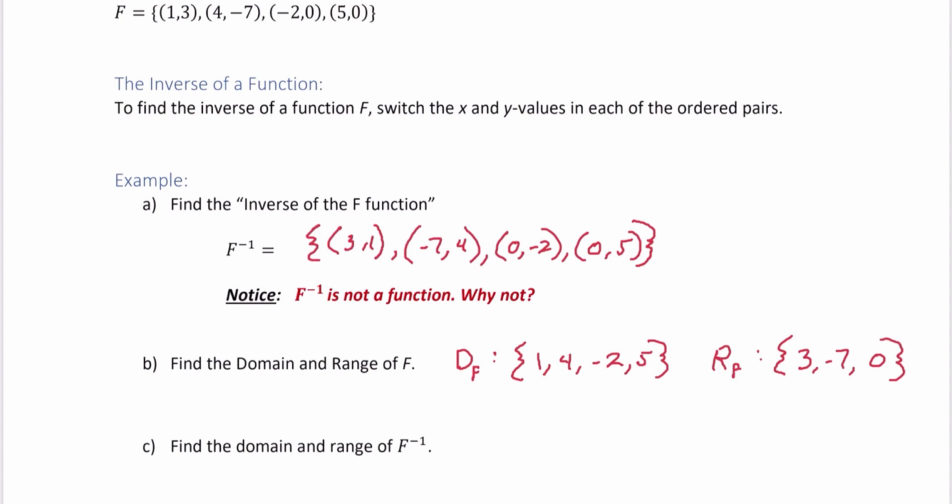And then the domain of f inverse. The domain of f inverse are the x values of f inverse, 3, -7, and 0.